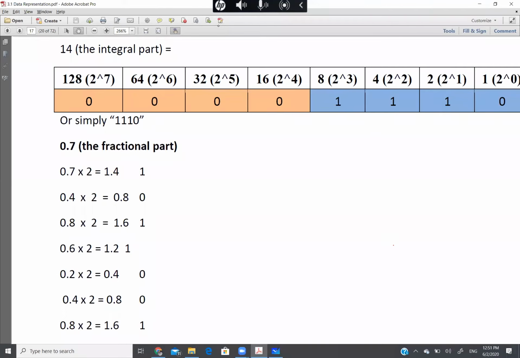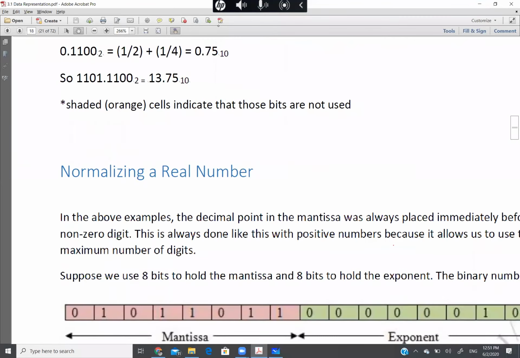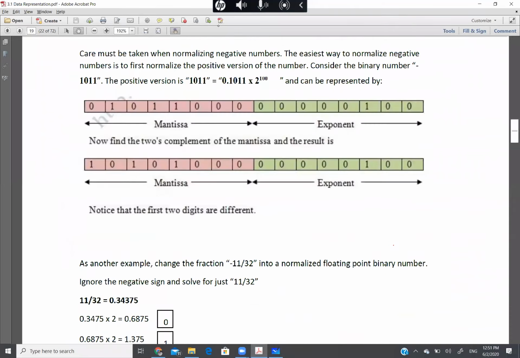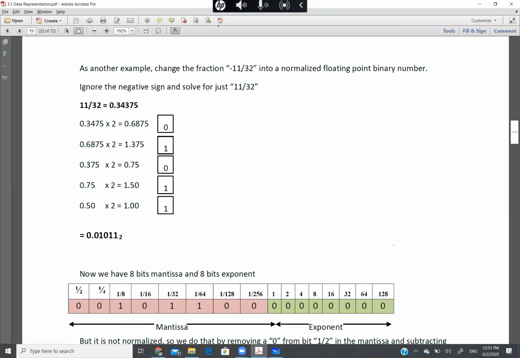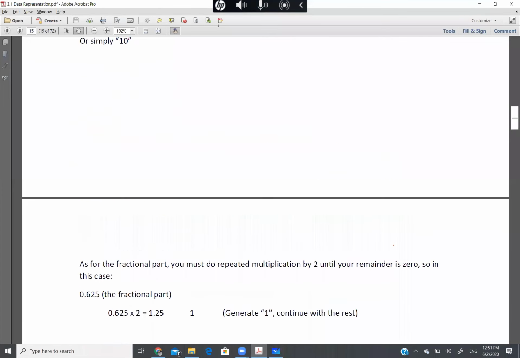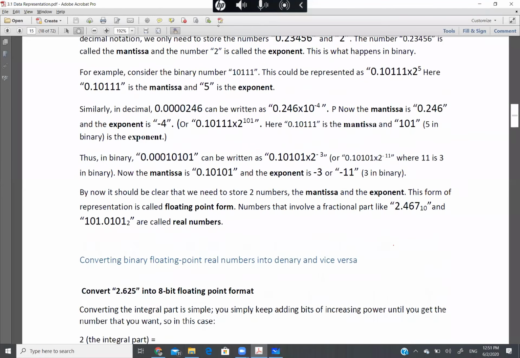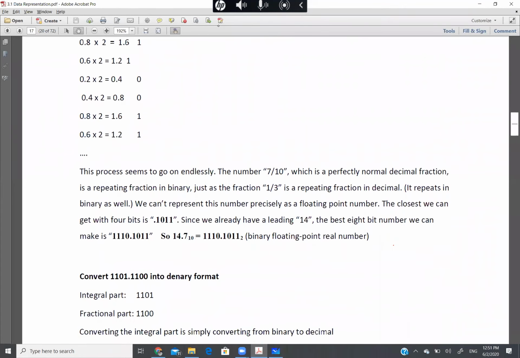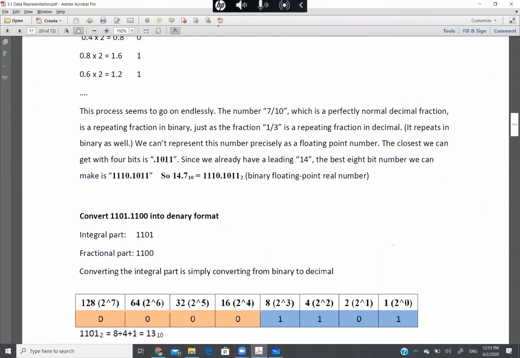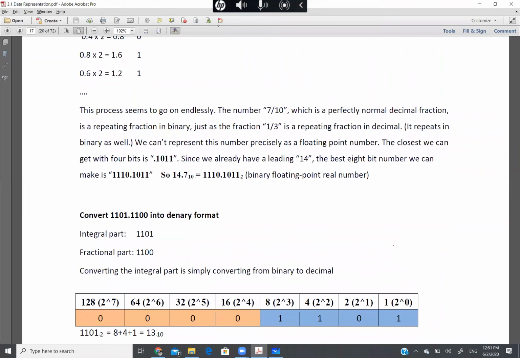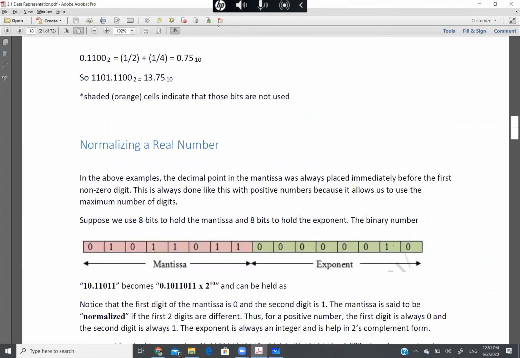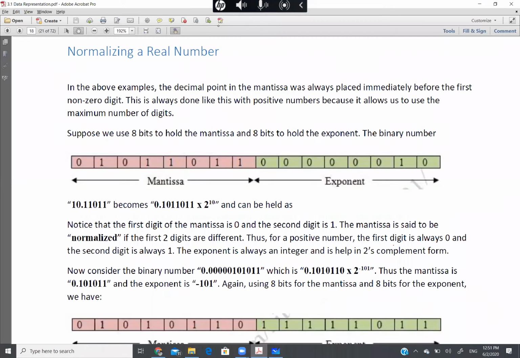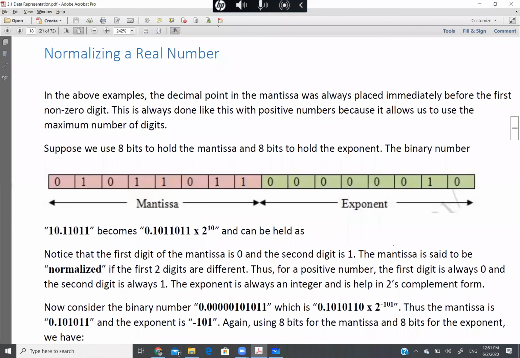Let's move on. Could I have mentioned this thing here? Normalize. This should be something I've talked about. Real numbers, like 7.10, 1.3, keep repeating itself. Okay, normalization. Mantissa and exponent. The concept of mantissa and exponent. For example, we already have an idea here.